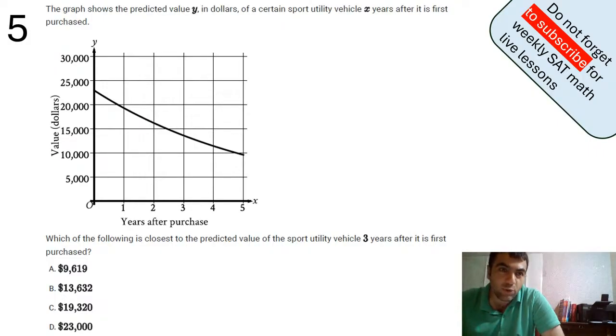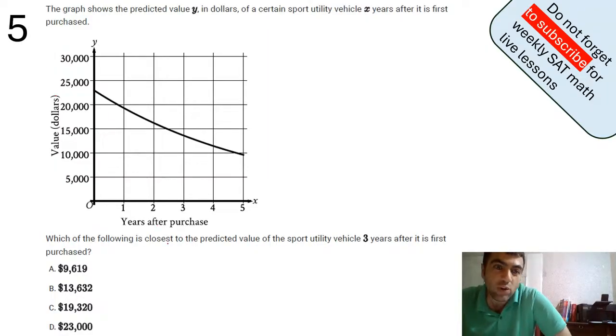Can you read from the screen? Is it too small? Mr. Shahin says 5D. Mr. Saib says 5D. The graph shows a predicted value y in dollars of a certain sport utility vehicle x years after it is first purchased.